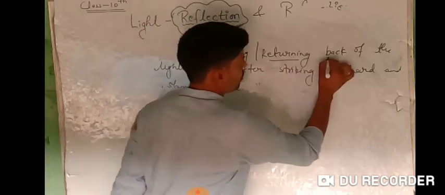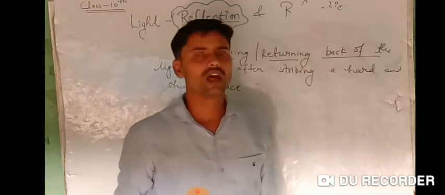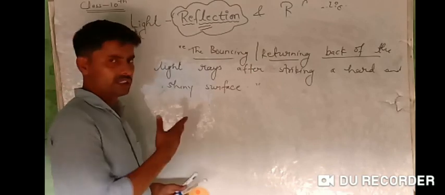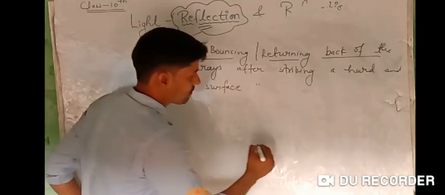This is reflection of light. This phenomenon is termed as reflection of light. Now we will understand this phenomenon with the help of a diagram.